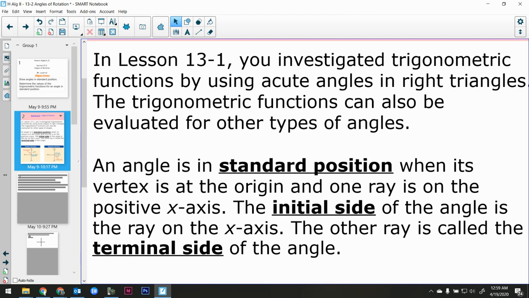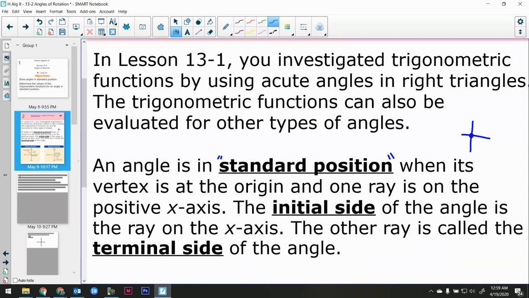An angle's in standard position when its vertex is at the origin and one ray is on the positive x-axis. So when I talk about this thing called standard position, that's how we're always going to set up our angles. Standard position just basically means that the vertex of the angle happens at the origin.